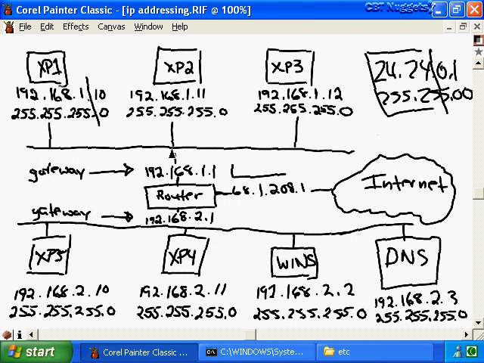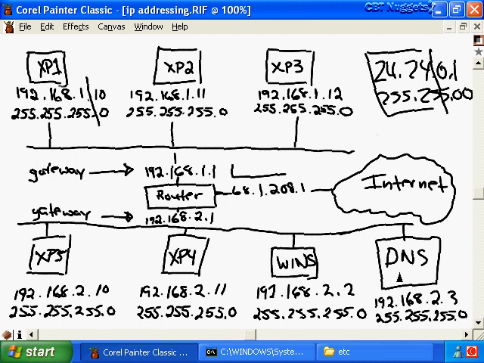So it's a dynamic process. The computer boots up, it says, Mr. Win server, here's my name, here's my TCP IP address, please add it to your database. And if the name doesn't already exist in the database, it'll automatically be added.